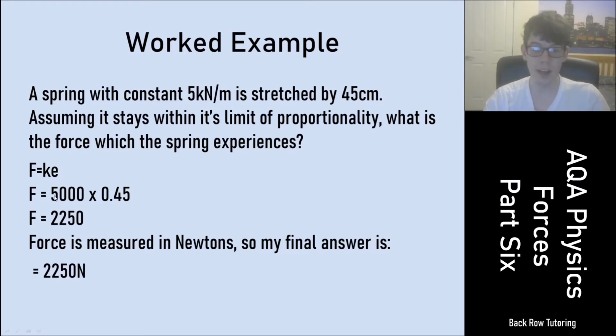Well, we know that the spring constant is 5 kilonewtons. 5 kilonewtons is 5,000 newtons, so F is equal to 5,000 multiplied by 0.45. And the reason it's 0.45 is because we have a 45 centimetre extension, and 45 centimetres in metres is 0.45. 5,000 times 0.45 is 2,250. Force is measured in newtons, so my final answer is 2,250 newtons.